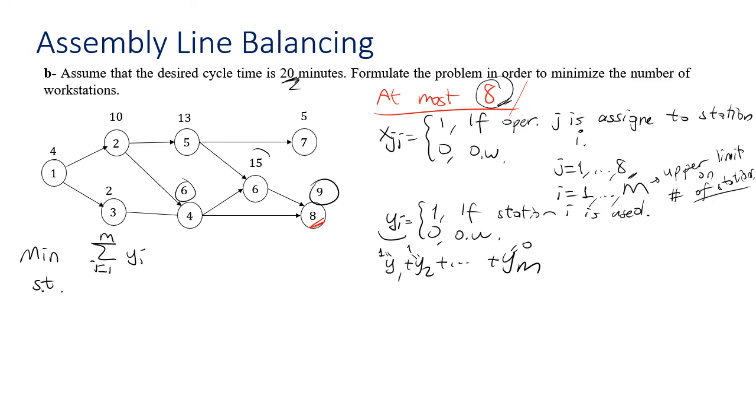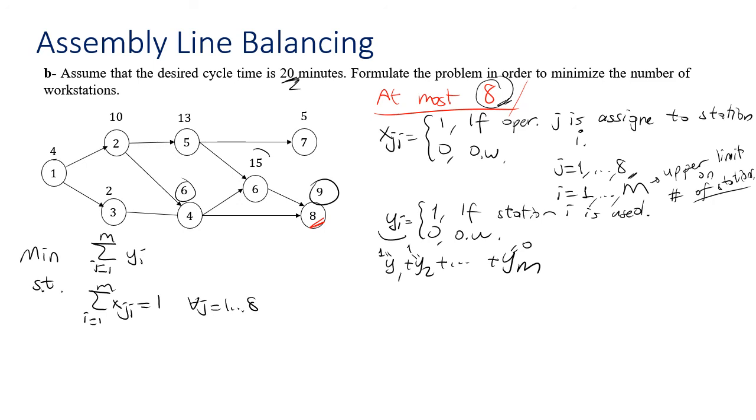Some constraints will be identical to the previous one. What are they? First of all, each task must be assigned to one of the stations. So here we would say the sum over i from 1 to m, for all j from 1 to 8, each task must be assigned to one of these stations.